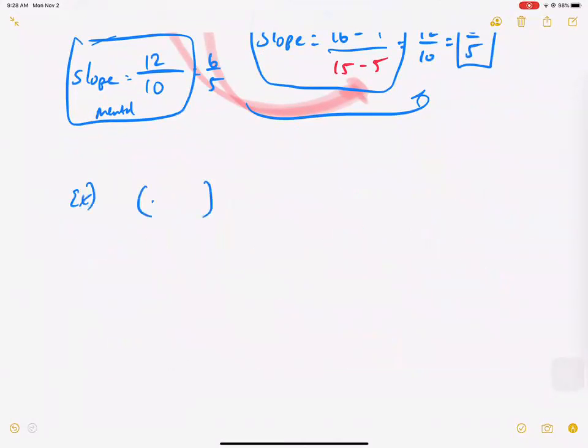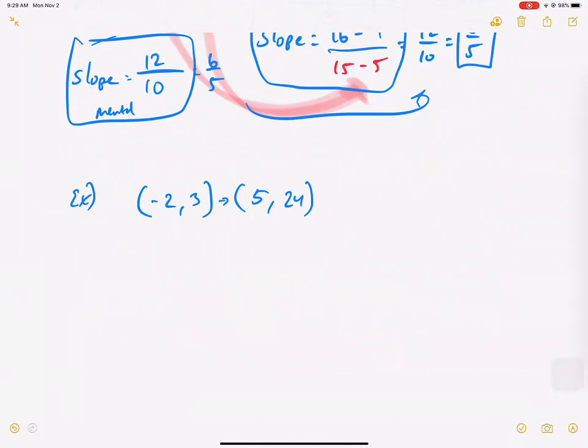Let's pick -2, 3. And for our second point, let's do 5, 24. Now for sure, I don't want to graph this, right?